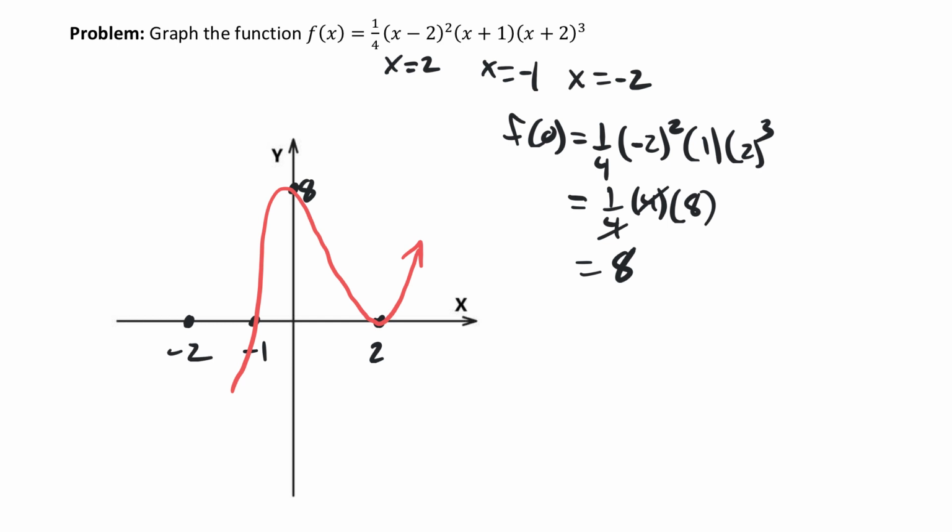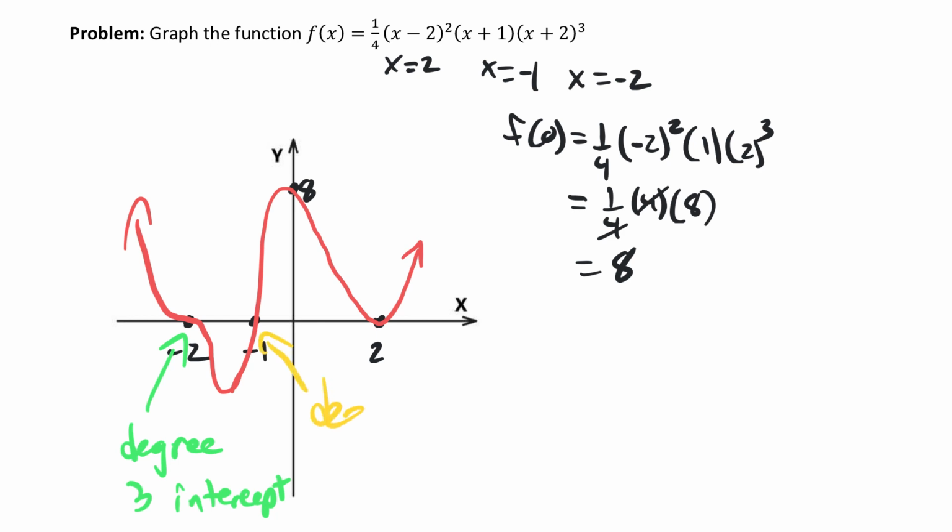Instead, when we go through the -2, we have to flatten out and then keep on going, so that it looks here like a degree 3 intercept. It's very important that we have that kind of flattening out or it's sliding along. Again, that looks different here from, say, a degree 1, where it just simply crosses through the x-axis.